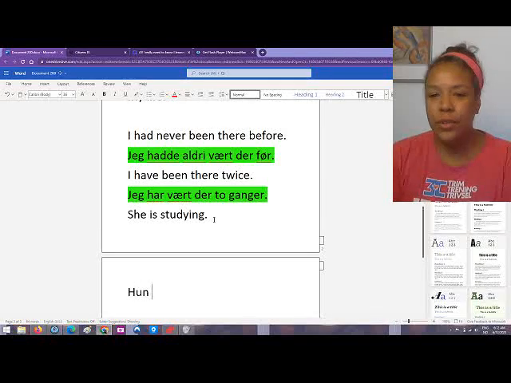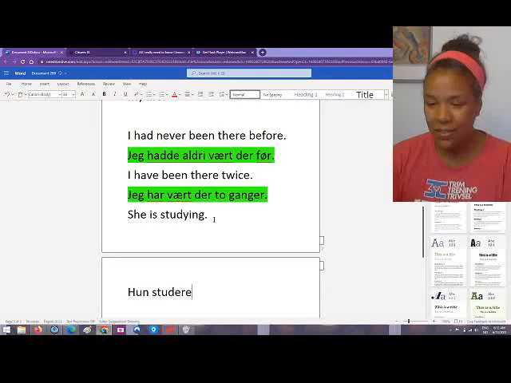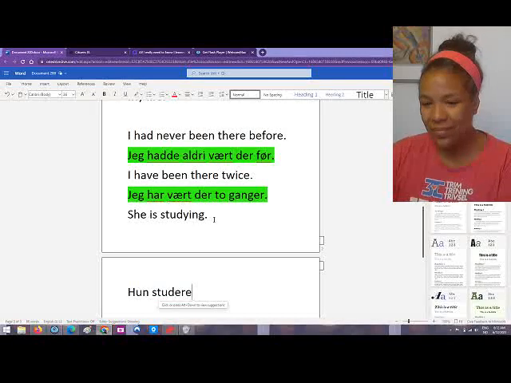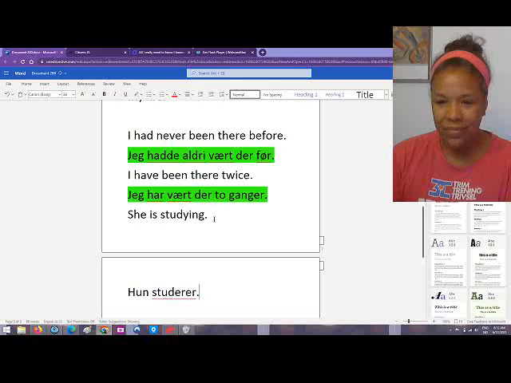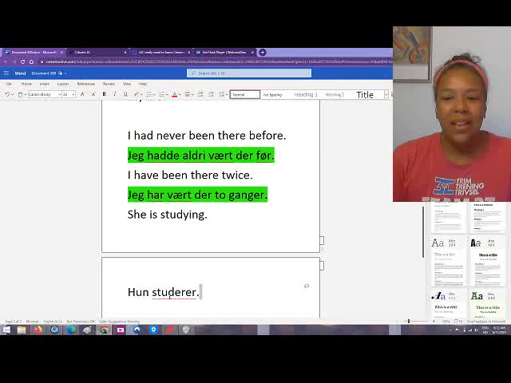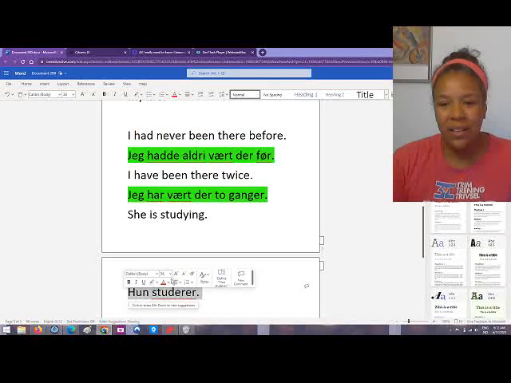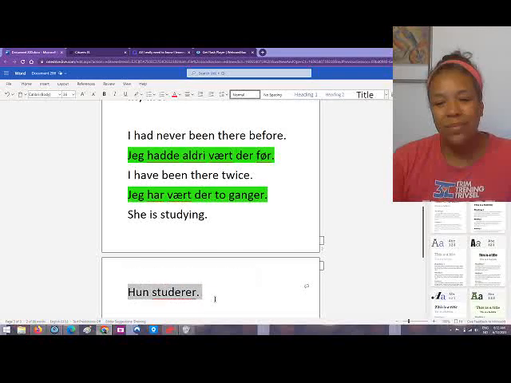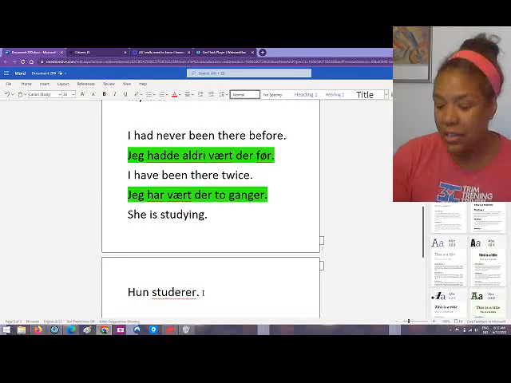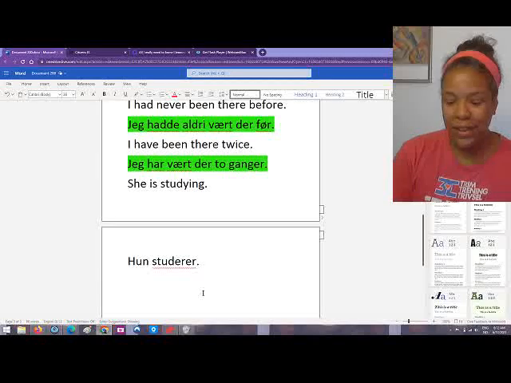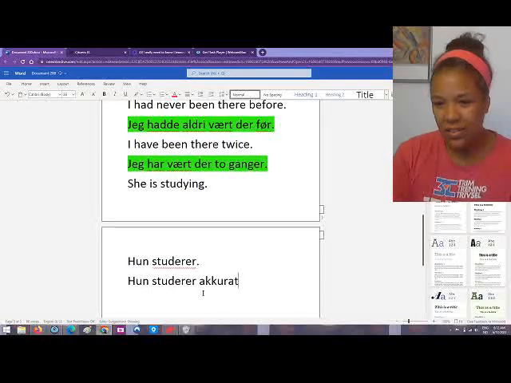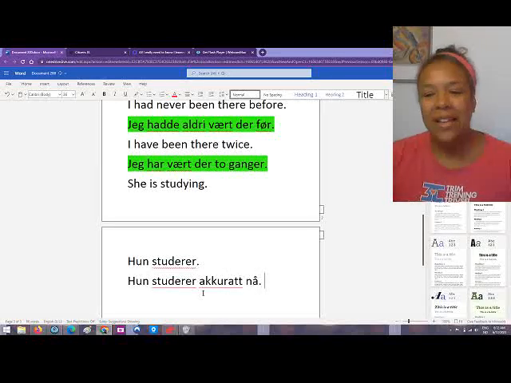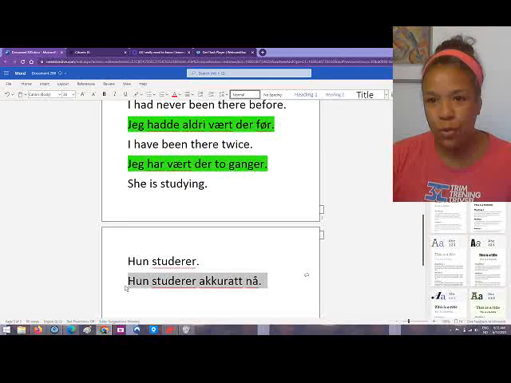If you wrote this here, it is correct. But if you wrote this, this is a better way of saying it.